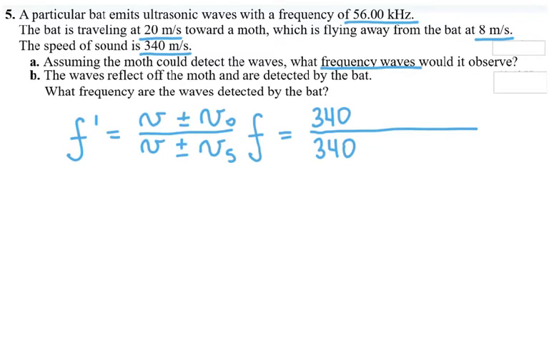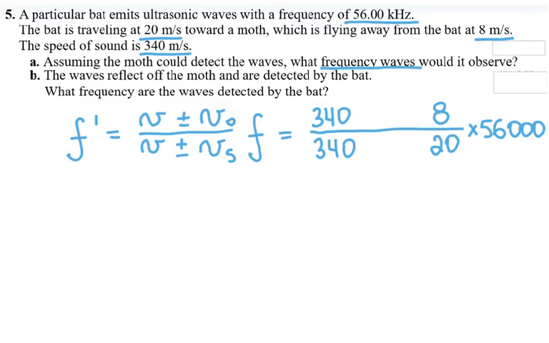Then I have the velocity of the observer, that's the moth, so that is 8 meters per second. And the velocity of the bat that emits the ultrasonic waves is 20 meters per second. The frequency that it emits is 56 kilohertz, so 56,000 hertz. Now I have to decide where to place my positive and negative.